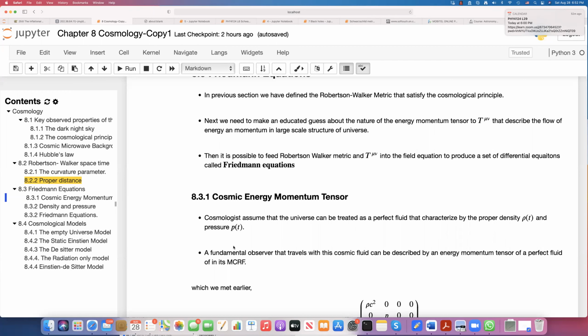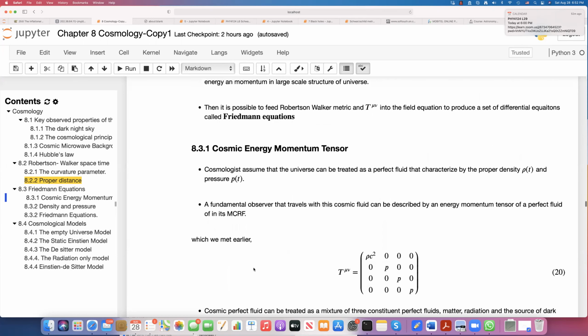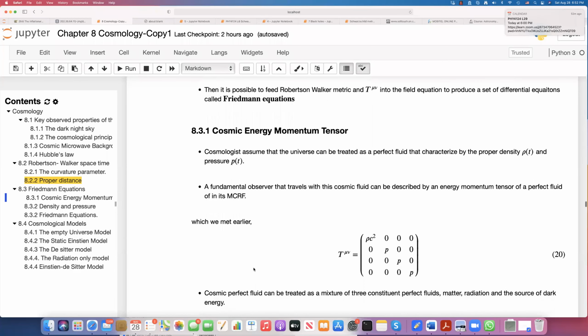And we have met this tensor earlier, so that is T mu nu, and this first term is the density, and then the other three terms are pressure, right? So I hope you are familiar with this particular tensor.